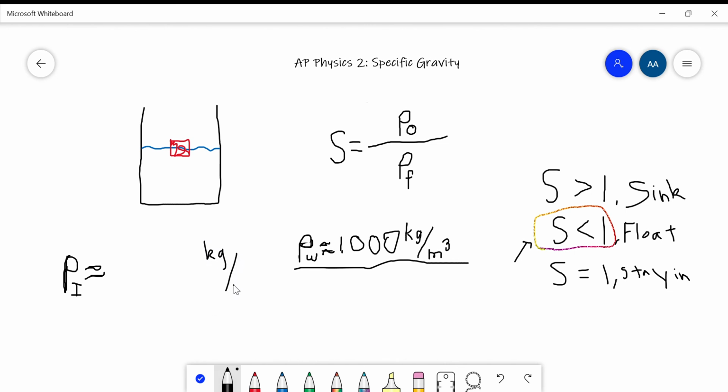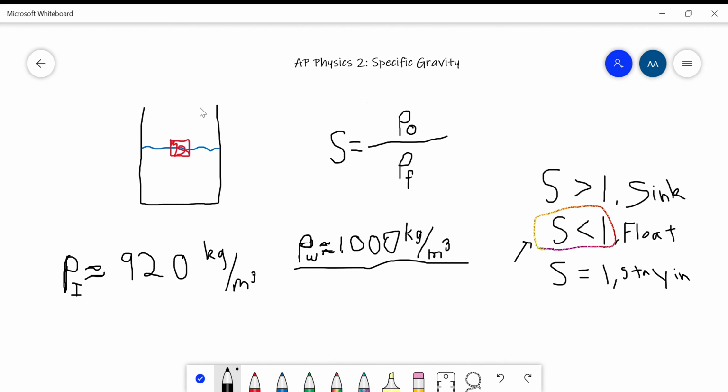I'm trying to write a bit faster. I said I'd keep this short, and it's going pretty long. It's about 920, and can sometimes be rounded to 930. The exact value isn't too important, but either way, let's say we have an object, and this red box here is ice.